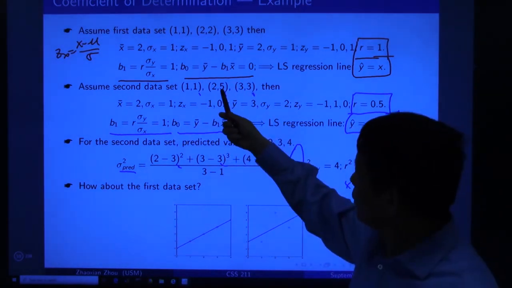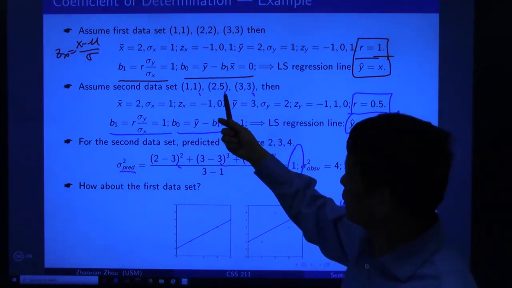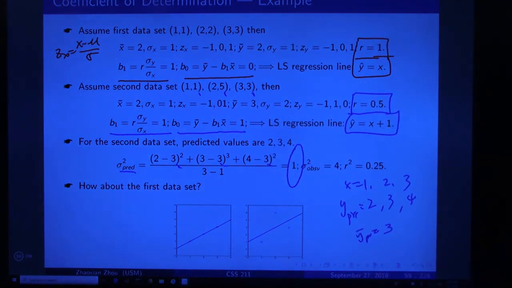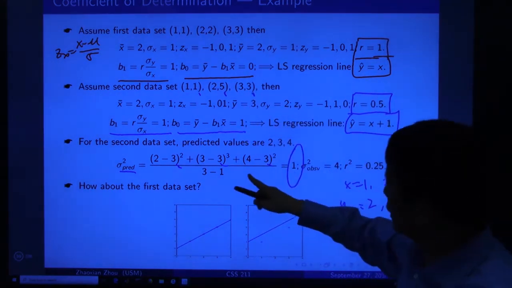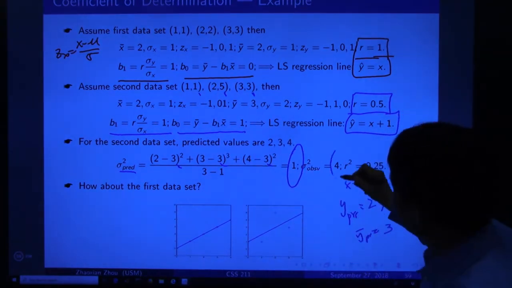Then 5 minus 3 equals 2, squared equals 4. So 4 plus 4 equals 8. And 3 minus 3 equals 0, squared equals 0. So the sum equals 8. Then divided by 3 minus 1 equals 2, so equals 4.